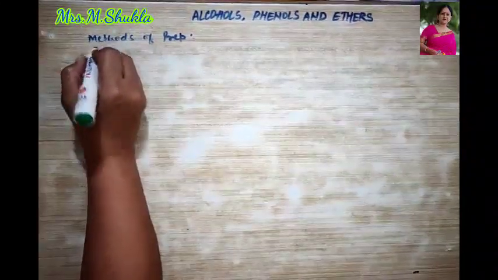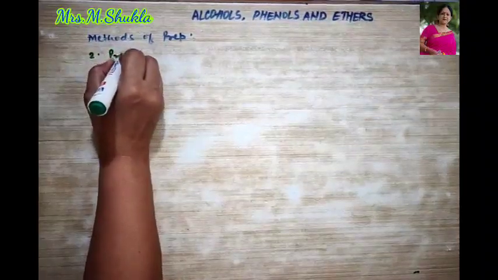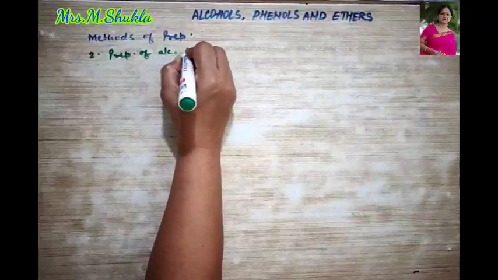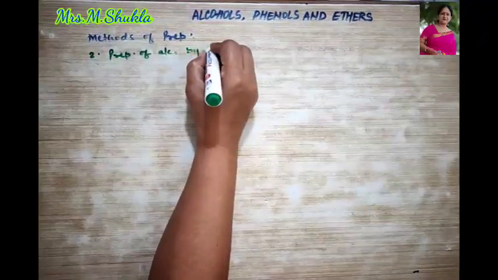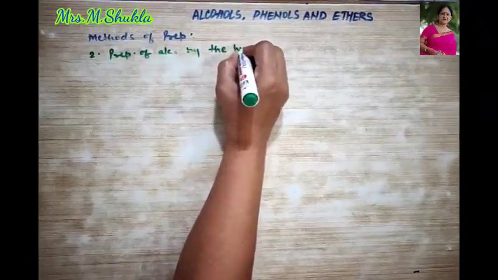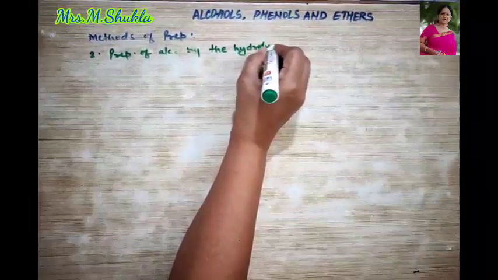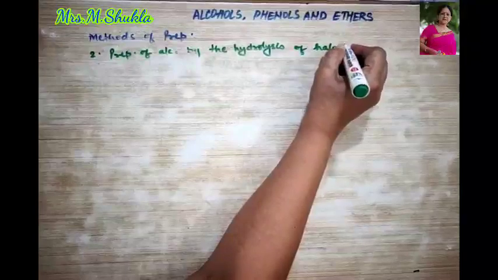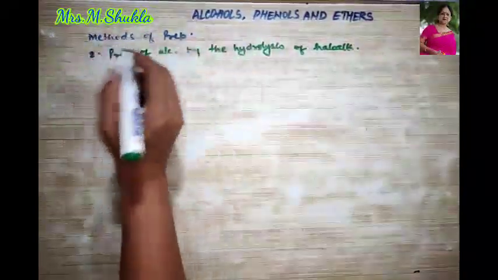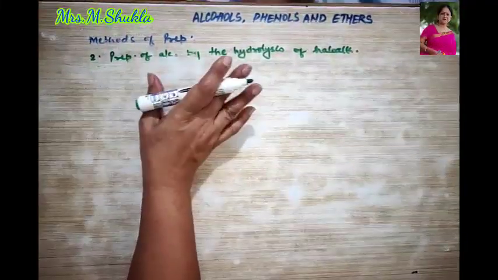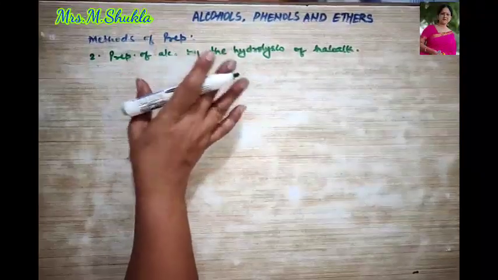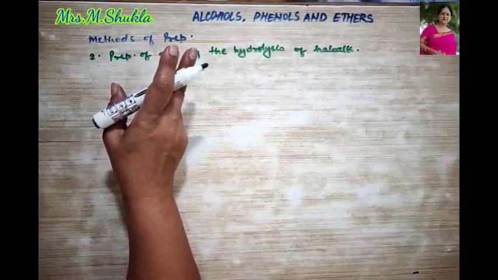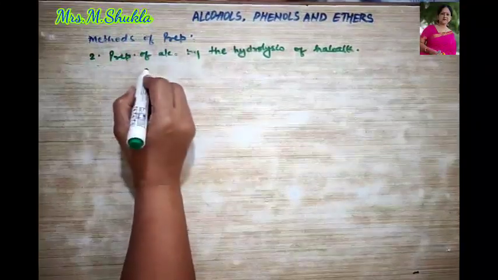Second, we are going to do the preparation of alcohols by the hydrolysis of haloalkanes. Haloalkanes are going to yield alcohol on treatment with dilute aqueous solution of potassium hydroxide.